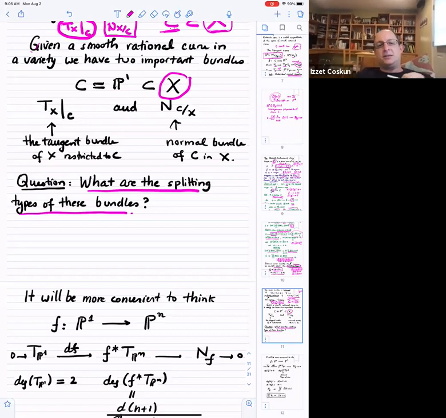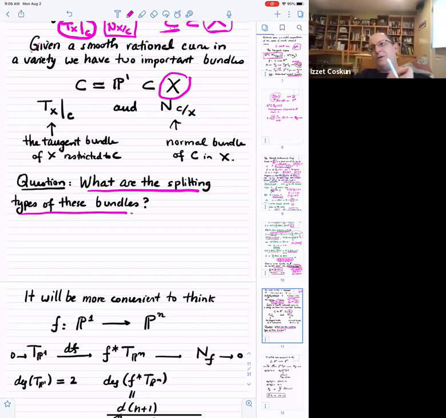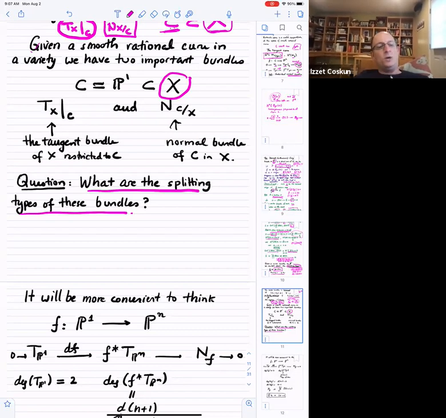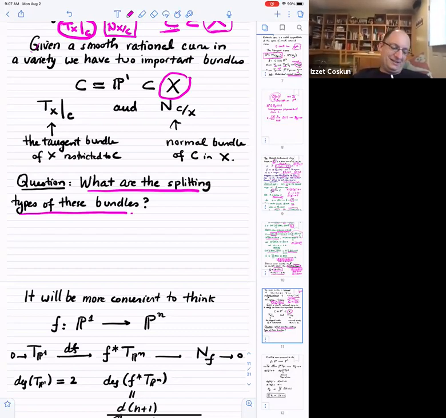We said that the rational curve is a map from P1 to your variety, and associated to this, there is a normal bundle and the restricted tangent bundle of the ambient variety. And we learned that every vector bundle on P1 is a direct sum of line bundles, and so is determined by a sequence of r integers if r is the rank. So then the question is, what are these integers in this case?